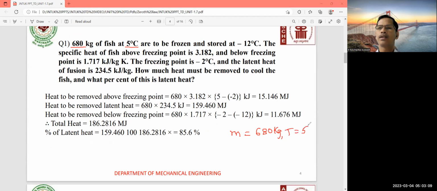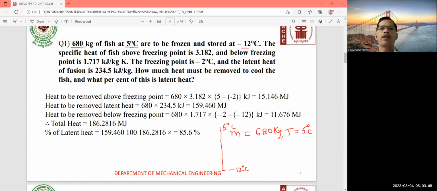It is to be frozen, that means you have to remove the heat from 5 degrees centigrade, and stored at minus 12 degrees centigrade. So the fish is at 5 degrees centigrade, and it is to be stored at minus 12 degrees centigrade.